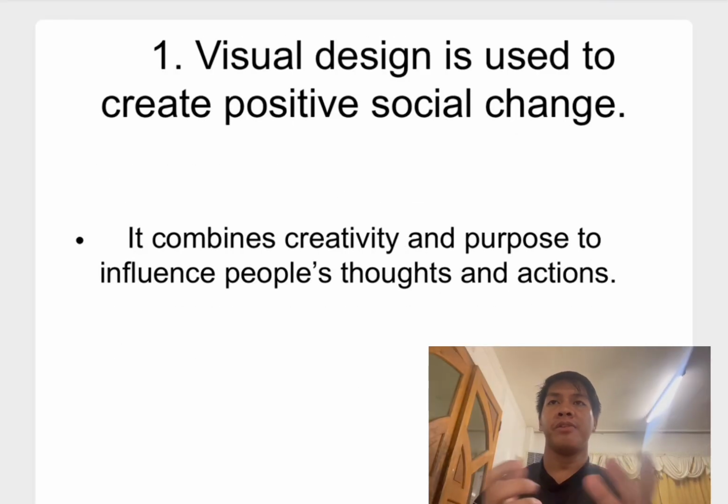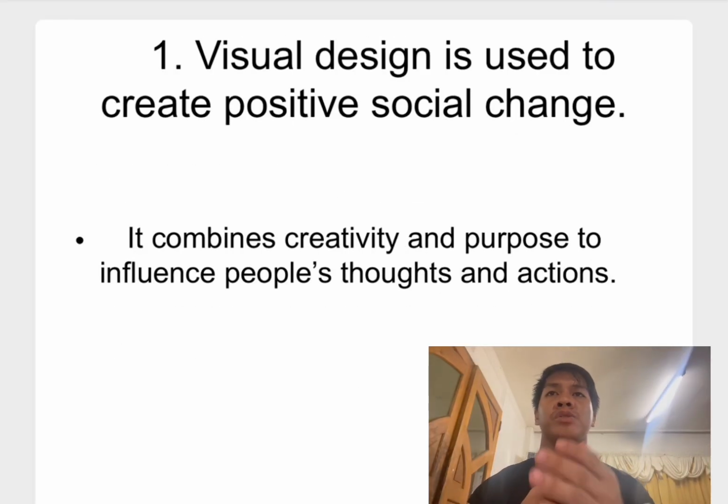So number one, we have the visual design is used to create positive social change. It combines creativity and purpose to influence people's thoughts and actions. For example, a poster campaign encouraging people to reduce plastic use to protect the environment.